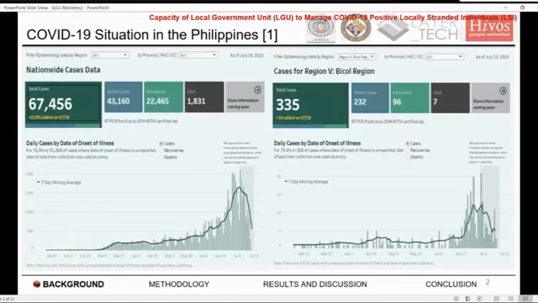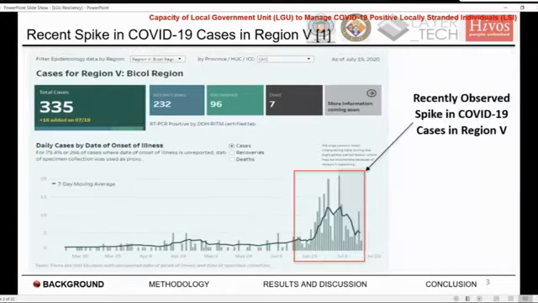For the Bicol region, we have 335 total cases, 232 active, 96 recovered, and 7 died. Focusing more on Region 5, as of June, we have seen a recent spike in COVID-19.